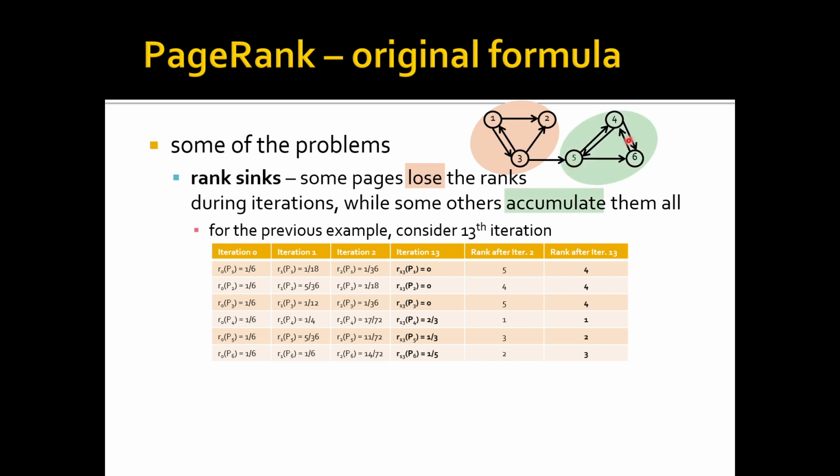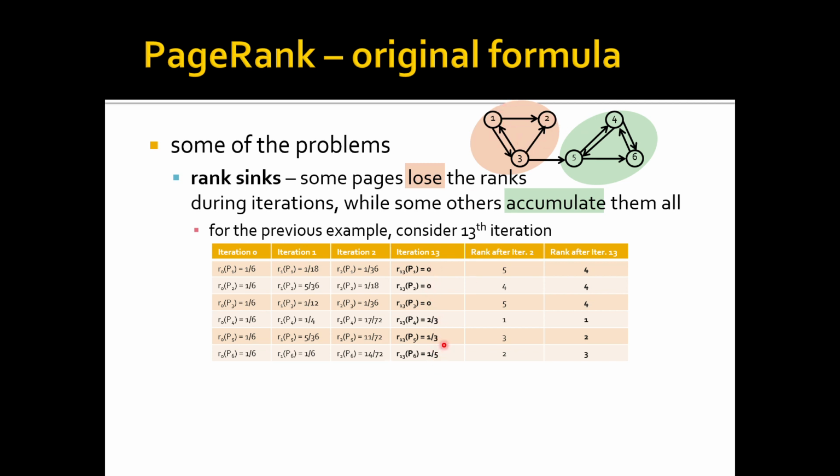So because of this edge, apparently this oriented edge, is the reason why all of these page ranks here basically flow to this segment. And basically what we get is 0 page ranks for these 3 pages and quite high page rank for these pages.